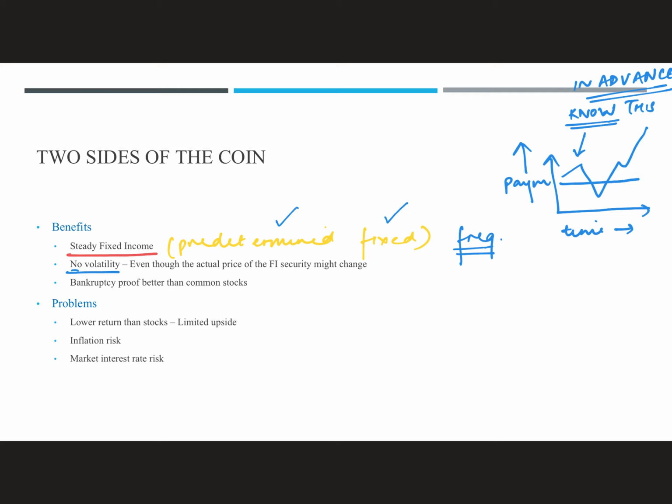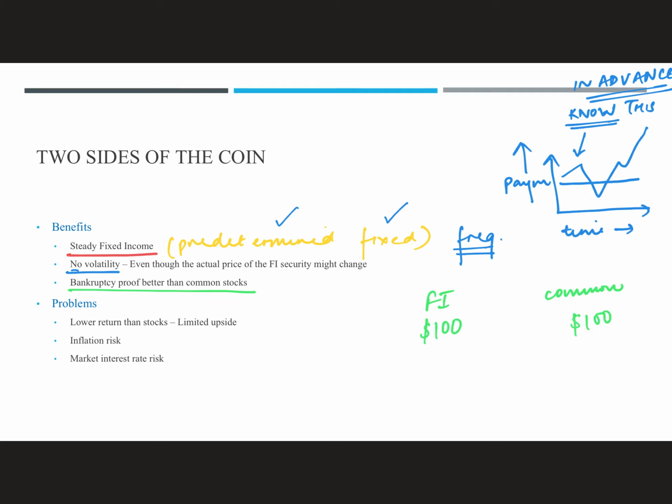Then another benefit of fixed income securities is that they're more bankruptcy proof than common stocks. Common stock value can go to zero. If a company goes bankrupt, take a very basic example: there was $100 in fixed income security, and $100 in common stocks.